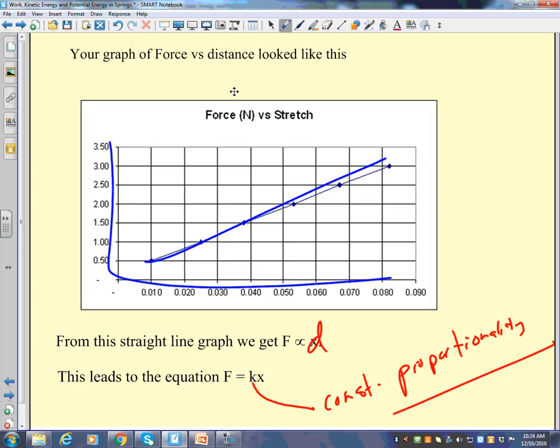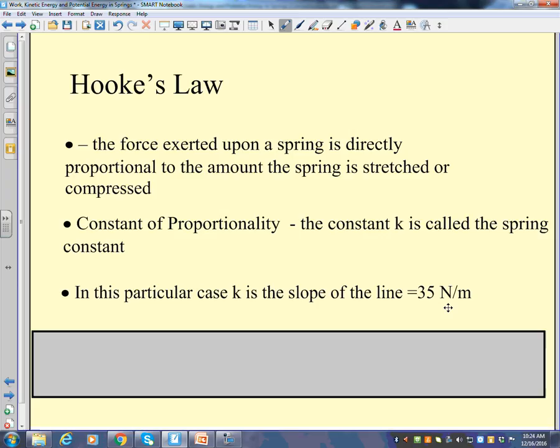So the spring constant is always the slope. You express it in newtons per meter. You need 35 newtons of force for every meter of stretch.